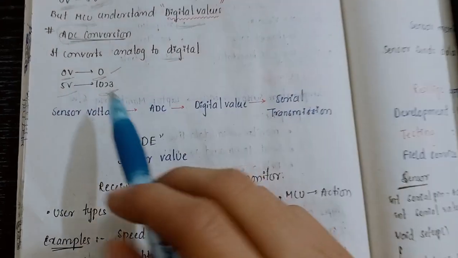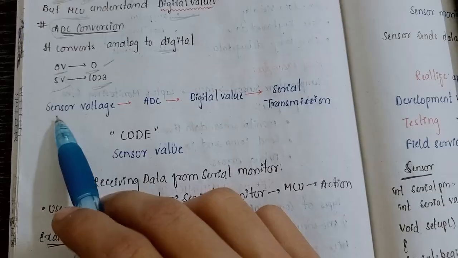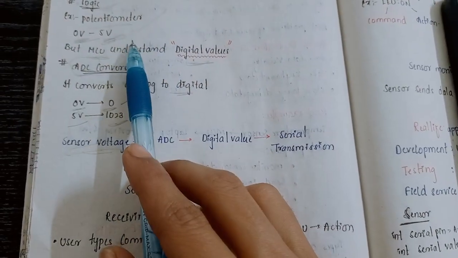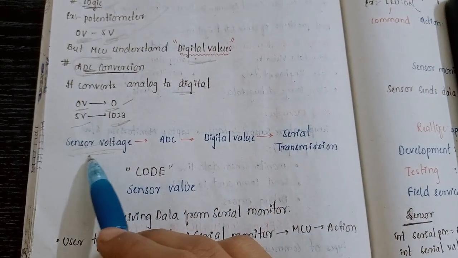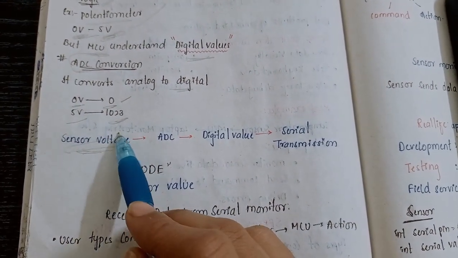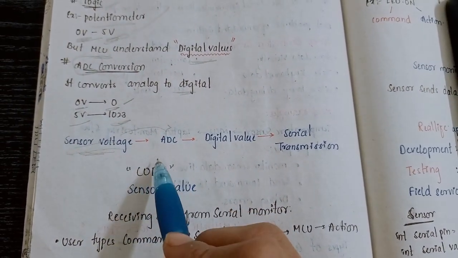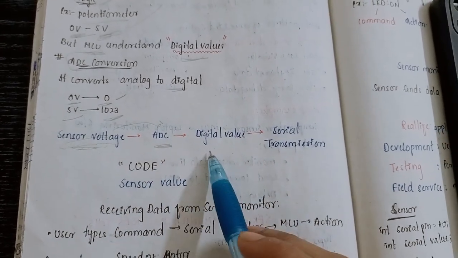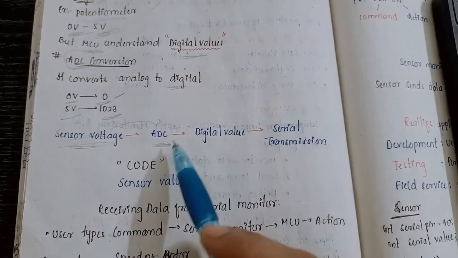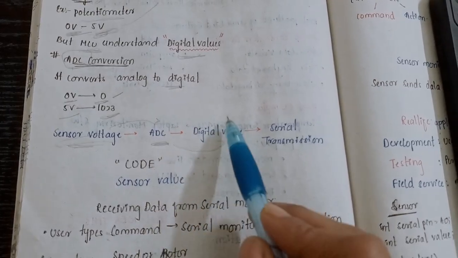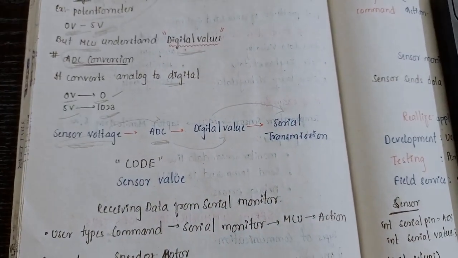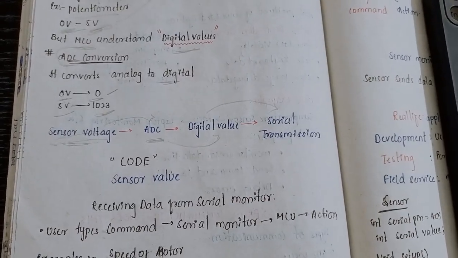In a flow format, the sensor voltage is converted from analog to digital using the ADC, A to D converter. The digital value will then be transmitted using the serial transmitter.